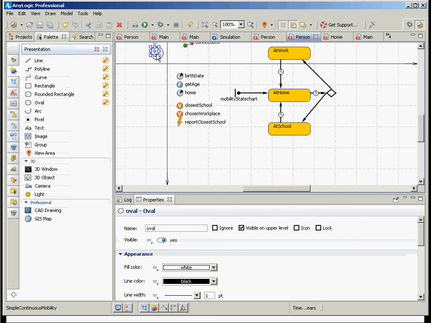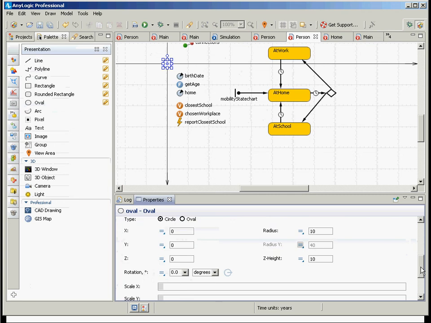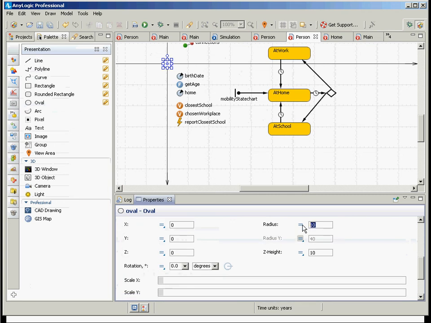So here's this individual, and we might have the radius of this be dependent on their age, for example, get age, right? And we have to set this. There we are. Okay, let's get rid of this guy. Fine, and then switch this to get age.